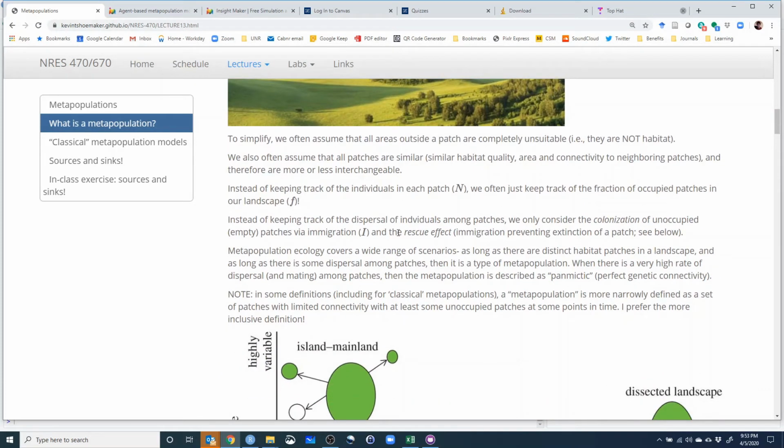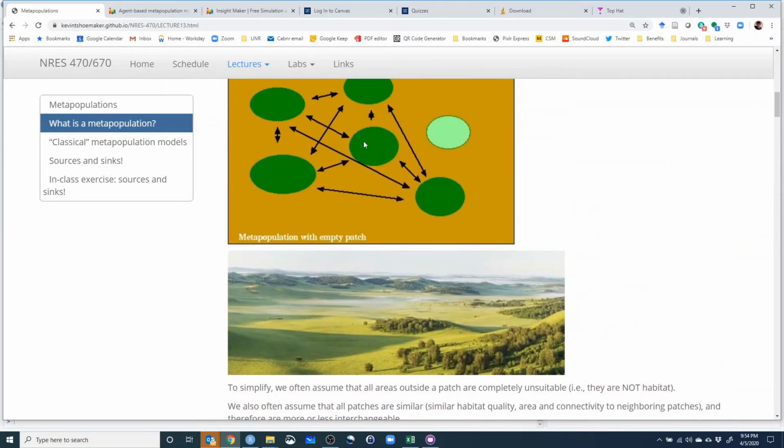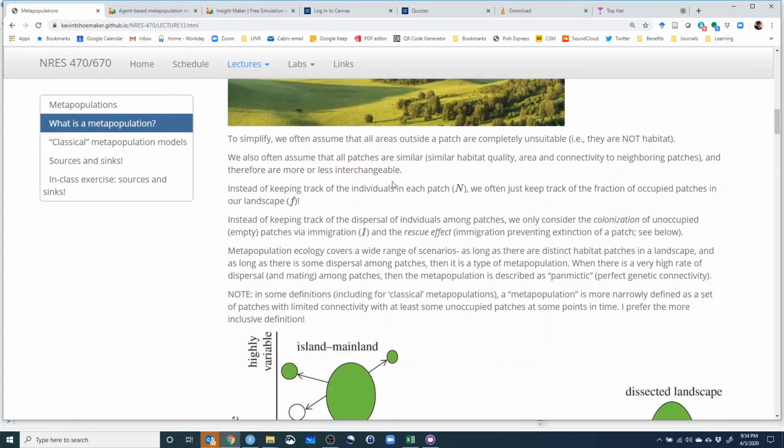And we'll also talk about the rescue effect, which means that the process of immigration can help to prevent the extinction of a patch. So if this patch here is on the verge of extinction, perhaps it will be able to avoid actually going extinct because it receives migrants from here, here, and here, and it never actually goes extinct because of that immigration process. That's called the rescue effect in metapopulation ecology.